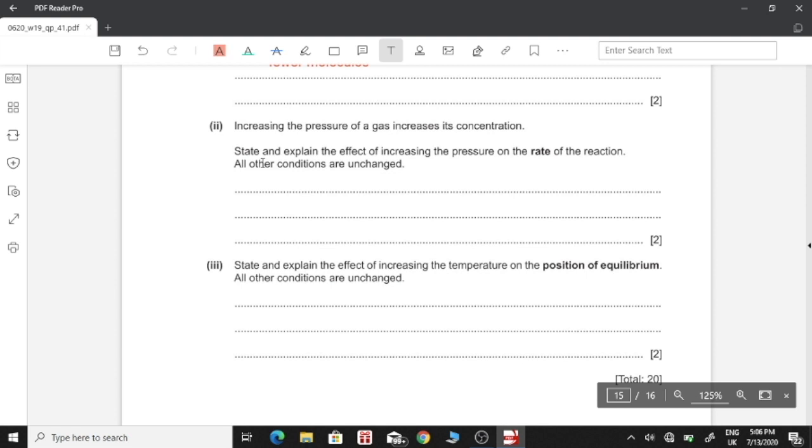That means the number of collisions per unit area increases, and that is the reason that the rate of reaction increases.